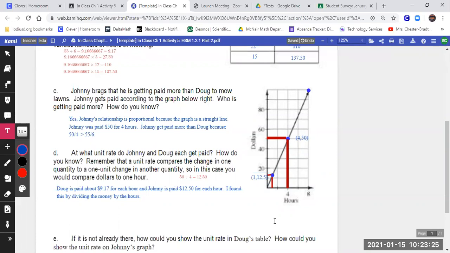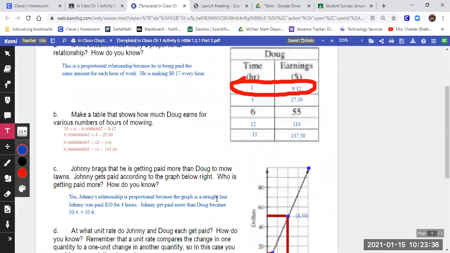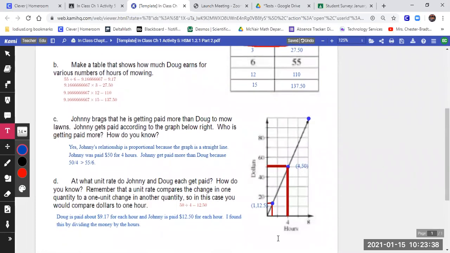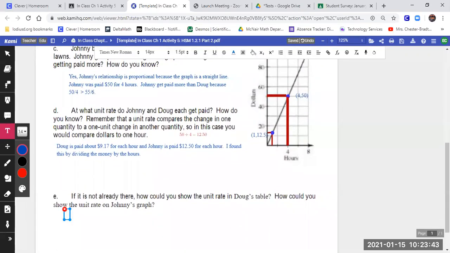Okay, so we see on Johnny's table the unit rate, the 1 hour for 12.50. We see on Doug's table, Doug's table has the for 1 hour. Johnny's graph has the for 1 hour. So on Doug's table, what was the X we needed to use to find his unit rate?